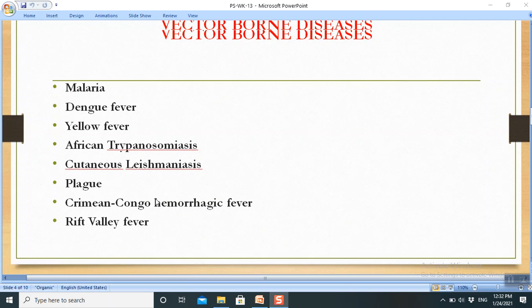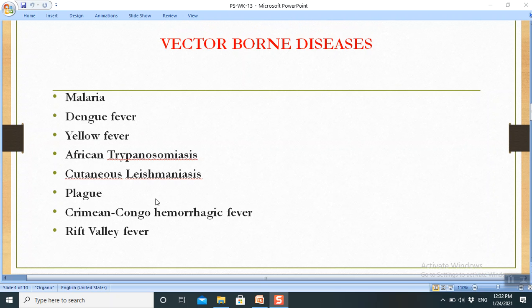Then there are vector-borne diseases. Vector-borne diseases are through the bite of an infected arthropod. Infected means those insects, including flies, especially the mosquito. These flies and mosquitoes already carry a virus.